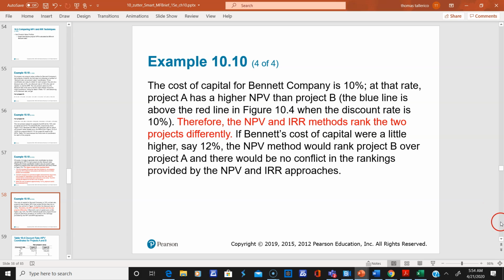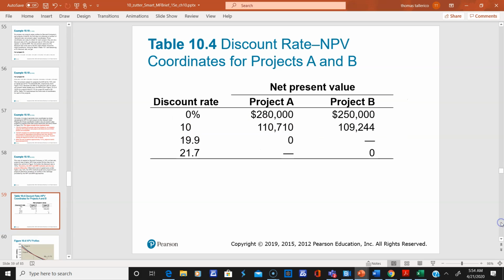So you have conflicts in the rankings, okay? Here's the discount rate, and here's the NPV for projects A and B for about 3 or 4 different discount rates. Here's where the net present value equals 0. So this is the internal rate of return we calculated.